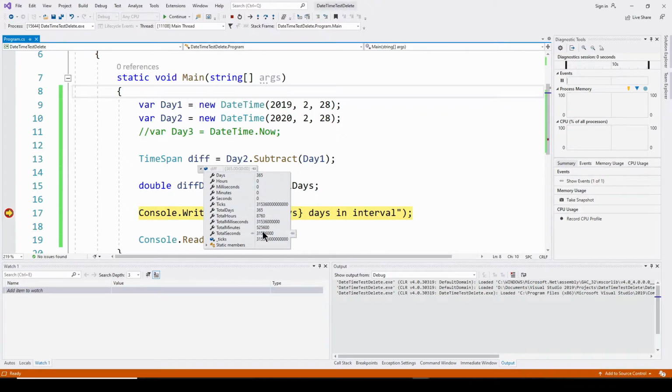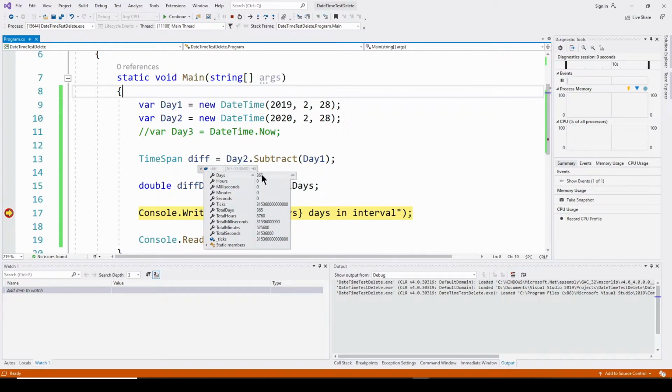Down here, you've got more information. You can get the TimeSpan, or the interval, in terms of days. You can also get it in terms of hours. For example, 365 days, assuming 24 hours a day, 24 hours times 365 gives you 8,760 hours.